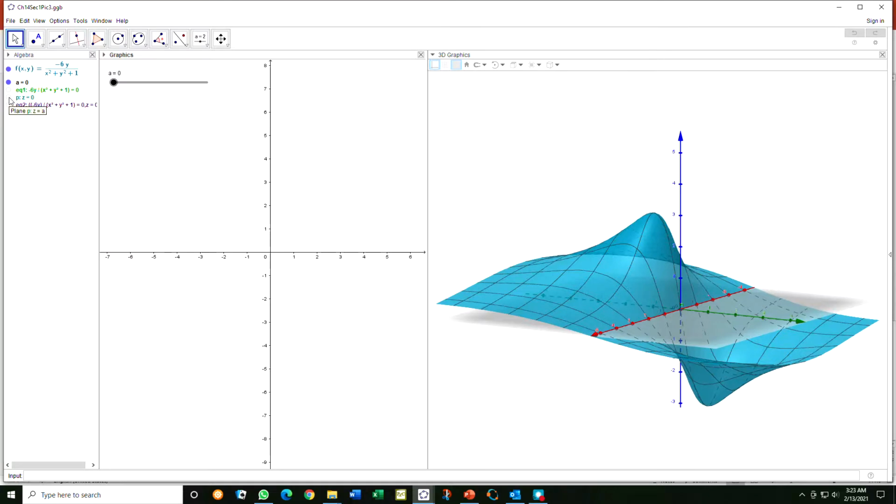Same stuff: we'll take a plane at different heights, let it cut the surface, and see what it looks like. Okay, so we'll start there and scoot it up. Whoa, that's a big thing like that.